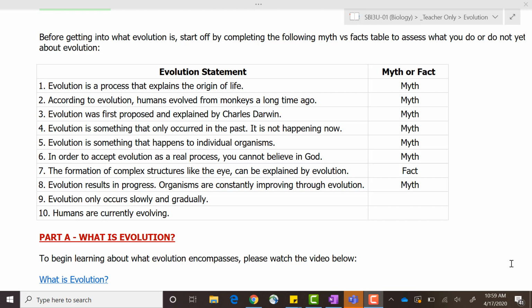Statement 9, evolution only occurs slowly and gradually. And the keyword here obviously is only. Yes, evolution can occur slowly and gradually, and this is probably the case for most of the time when we look at how species have changed over time. But evolution can also happen very rapidly.